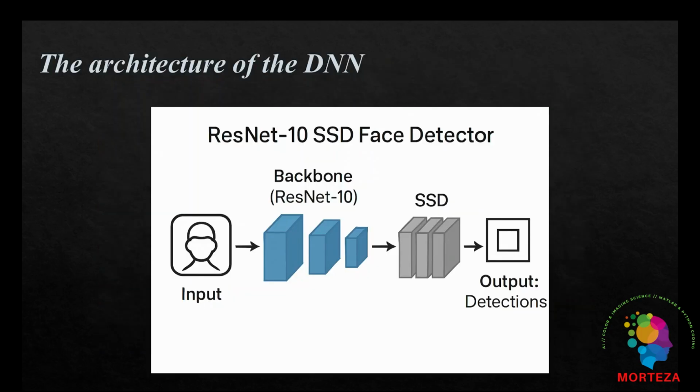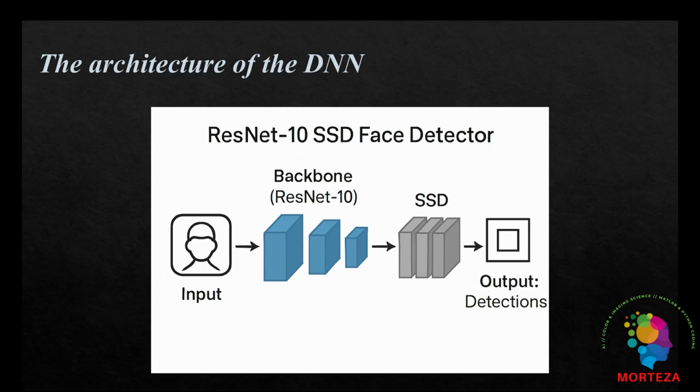Here's the architecture of the DNN that we're gonna use in OpenCV. It uses a lightweight variant of the original ResNet architecture, which is designed for speed rather than depth. So it only uses 10 layers, and it acts as a feature extractor processing the input image into deep convolutional features. And the single shot detector or SSD is used for bounding box regression and classification.